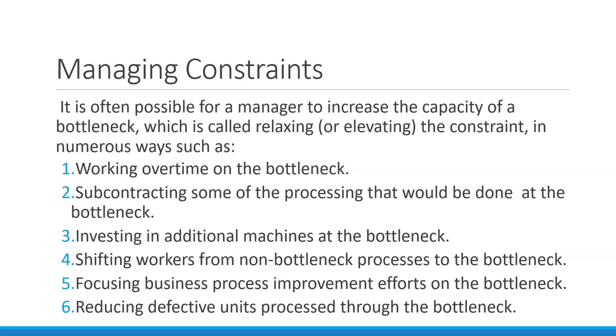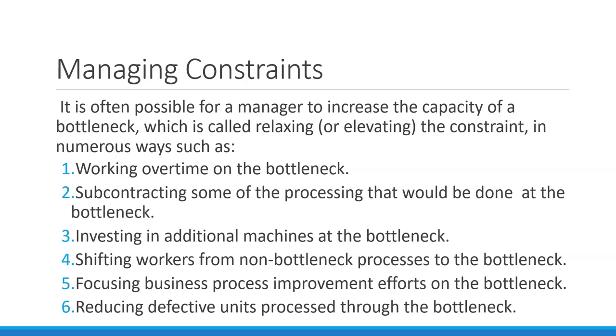Sometimes we can increase the capacity of a bottleneck by relaxing or elevating the constraint in numerous ways. One of the ways is we can work overtime on the bottleneck. If we only have one shift with the rest of the manufacturing, we could do 2 shifts on the bottleneck.